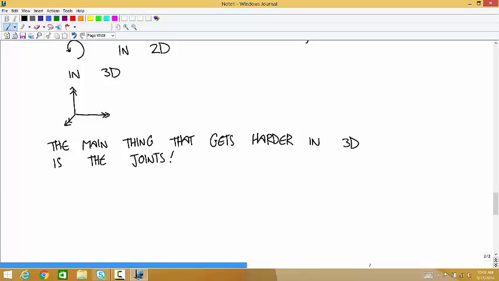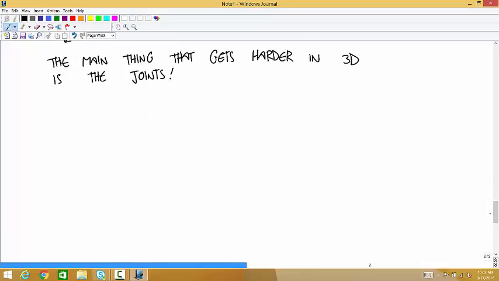Okay, so I'm going to do one example where we don't have to do that yet. All the loads are just given. And then we'll go into the joints in 3D. Okay, so let's say that this is the rigid body.